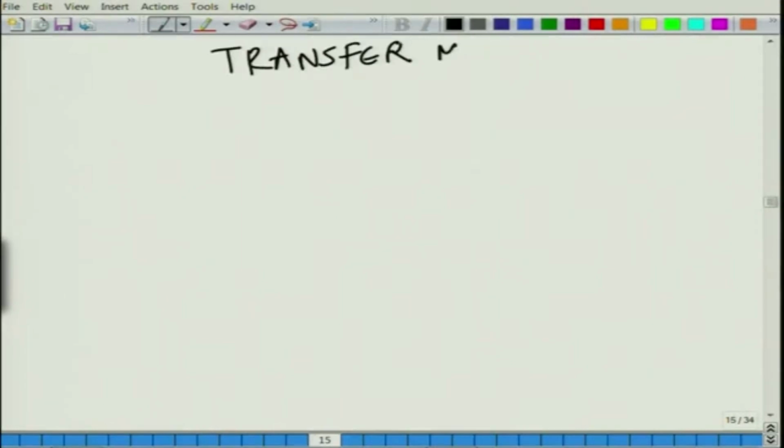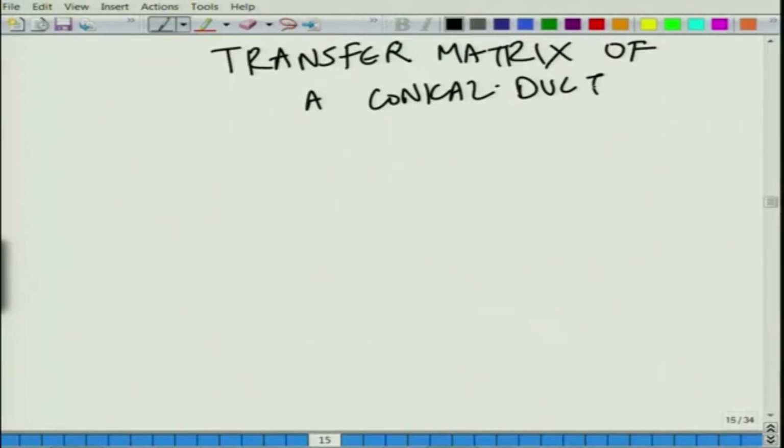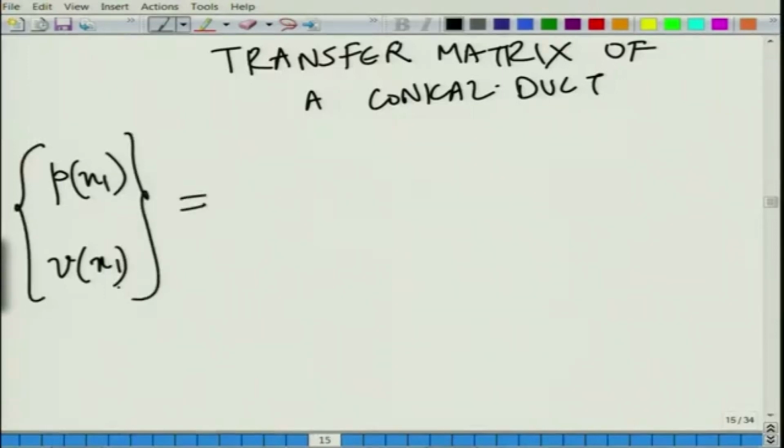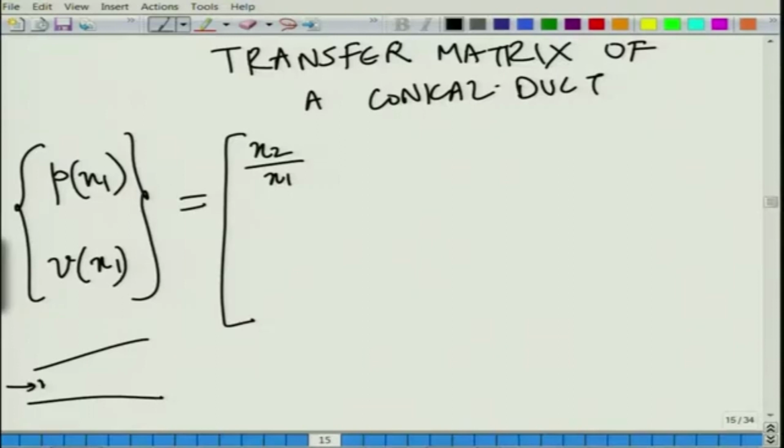Transfer matrix for a conical duct, where x1 and x2 are here and here.